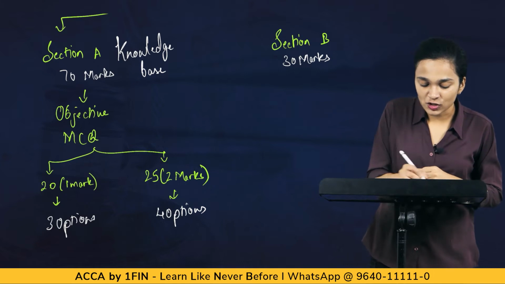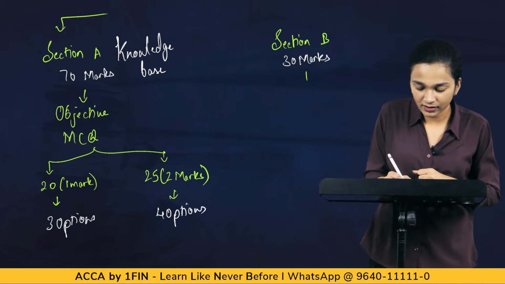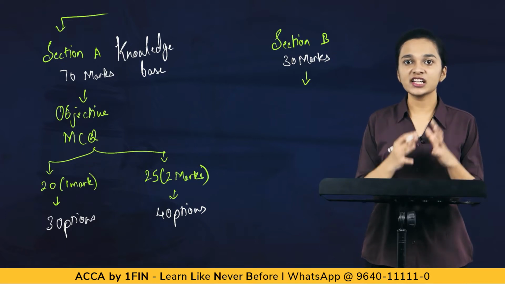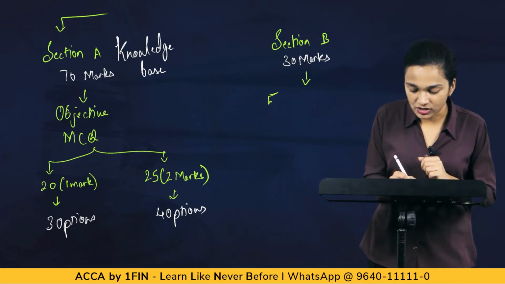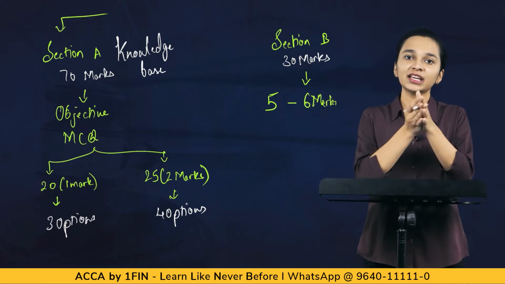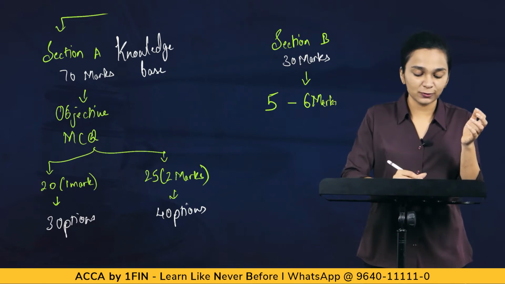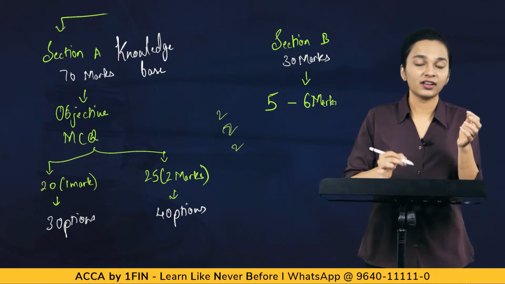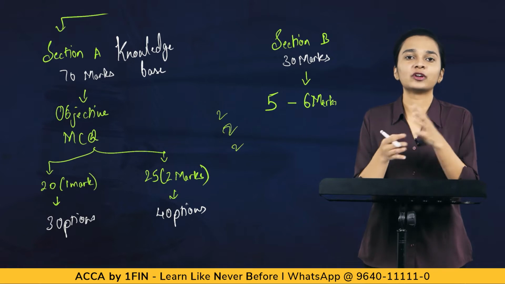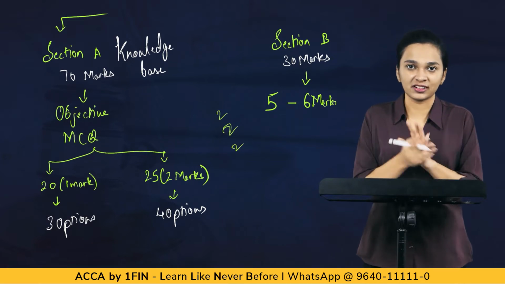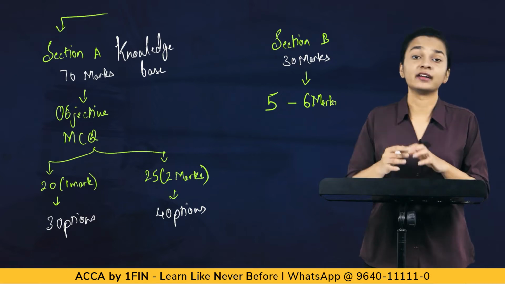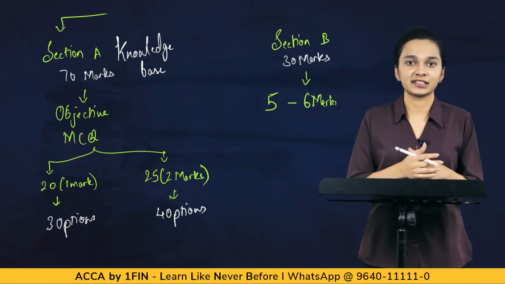Now talking of section B, what are the things which will be covered under section B? Under section B, you will have 5 questions of 6 marks each. There can be a subdivision in a question, for example 2 questions of 3 marks each, or different subdivisions under a question of 6 marks.